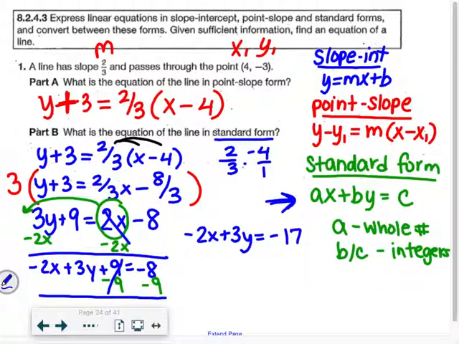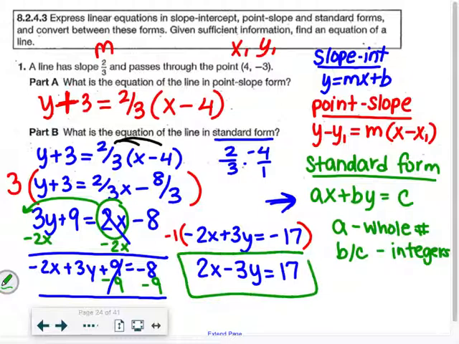And then, because a has to be a whole number, a can't be a negative, I am going to have to multiply everything by negative 1 so that the x becomes instead a positive 2x, and that will change all of the other signs like this. So my final answer is 2x minus 3y equals 17, because standard form is so picky, so picky.